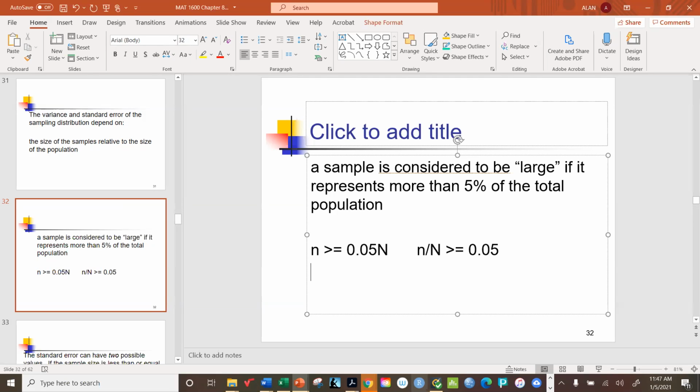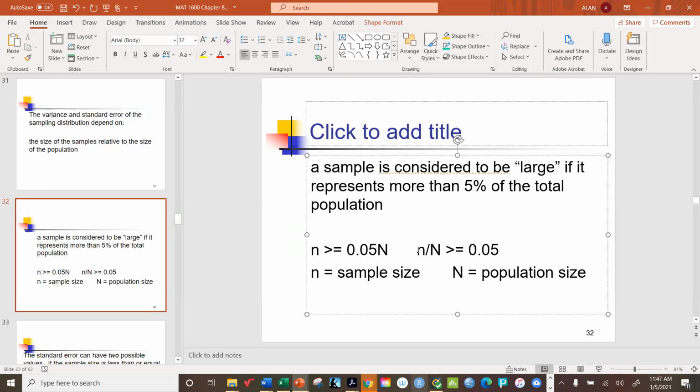I did mention earlier in the course that we need to make a distinction between lowercase n and uppercase N. And here's a case where we need both of them in the same formula. That's why we have to separate the two. We have sample size being lowercase n, and population size being capital N. This formula wouldn't make any sense if they were both lowercase n.